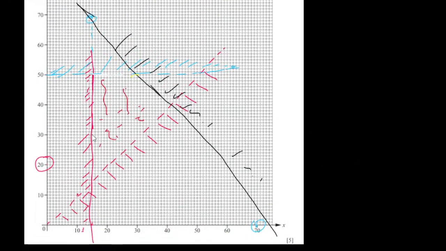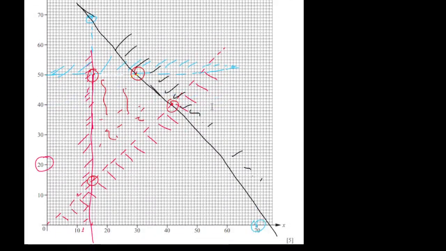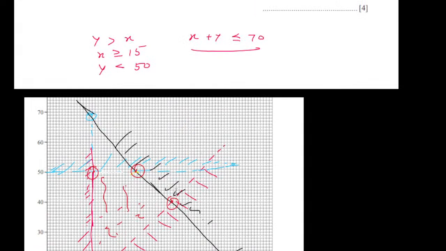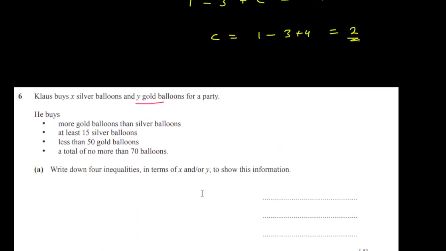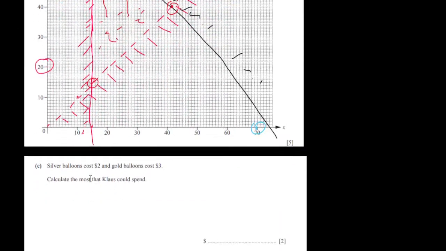Now as this is your required area, what you have to do is find all these coordinates. Your solution will lie at one of these coordinates. So at each coordinate you have to find, like x is your silver, so for silver how much you are spending, it's $2.